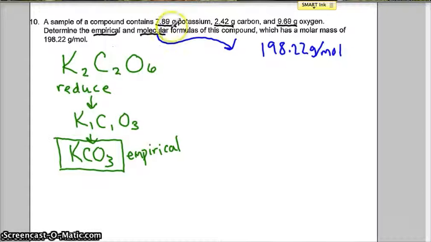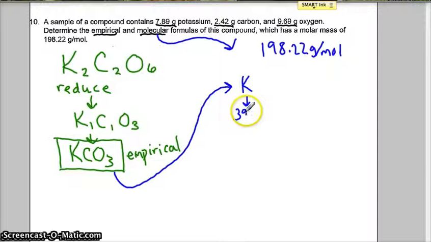And what we do with that, first of all, we need to find the formula weight of the empirical formula. And how we do that, it sounds complex, but all you're doing is taking each element that's in this formula and adding up the masses.